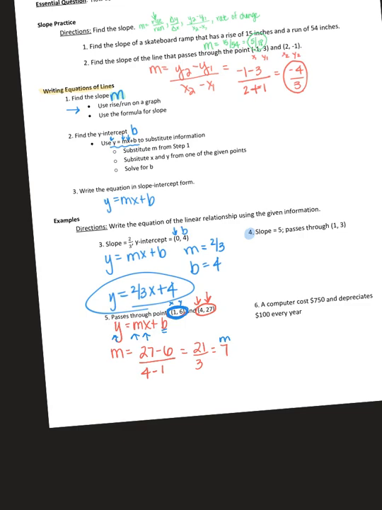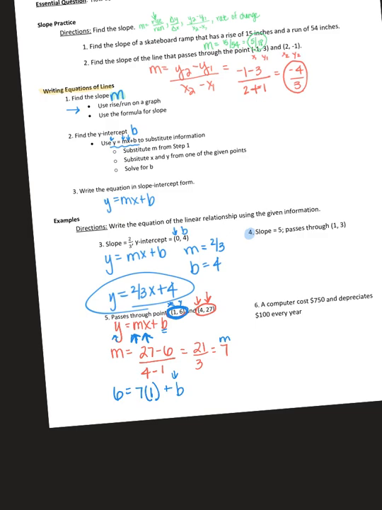For y, we're going to start with 6, the y-coordinate of that point, is equal to m, which is 7, times x. Well, what was the x-coordinate when y was equal to 6? It is 1, so we substitute in that 1, plus b.